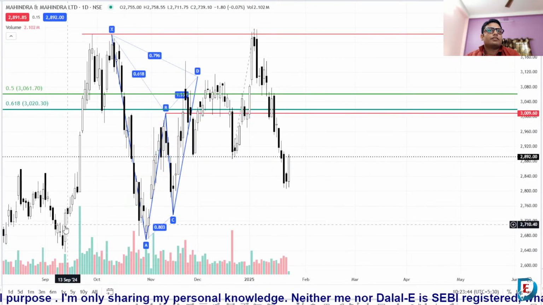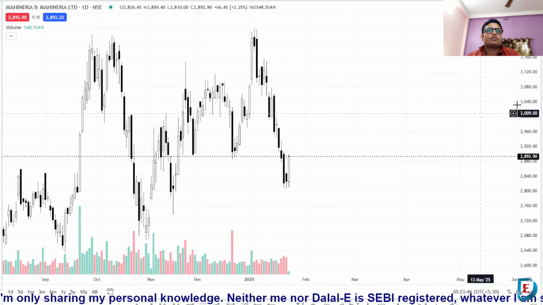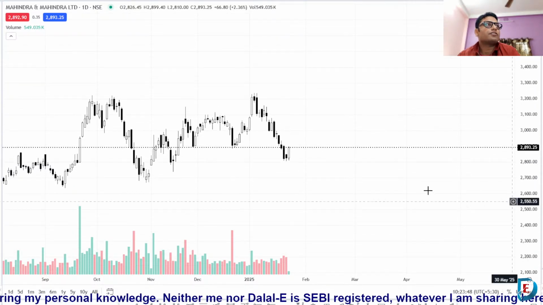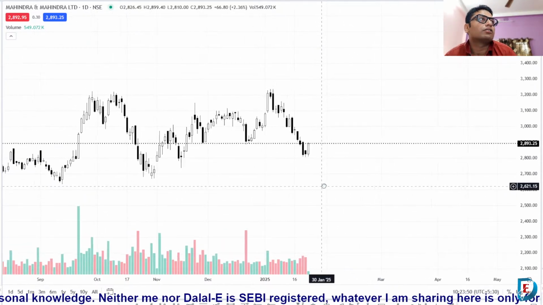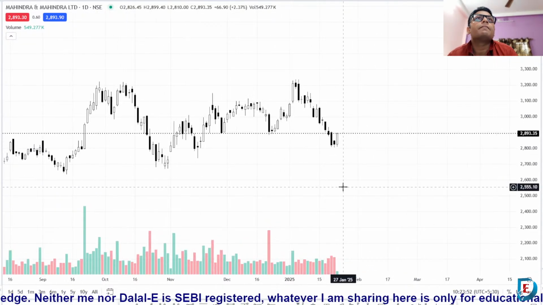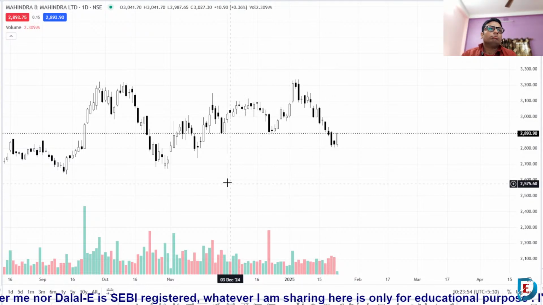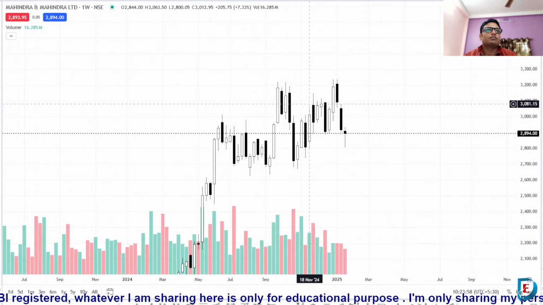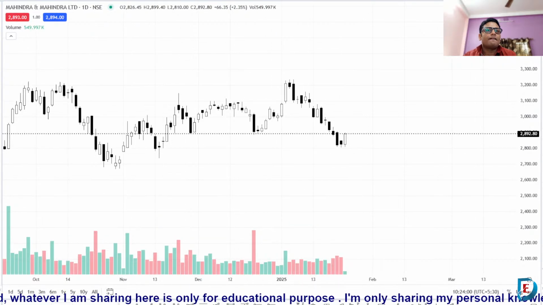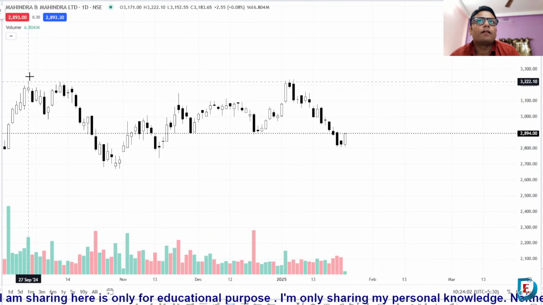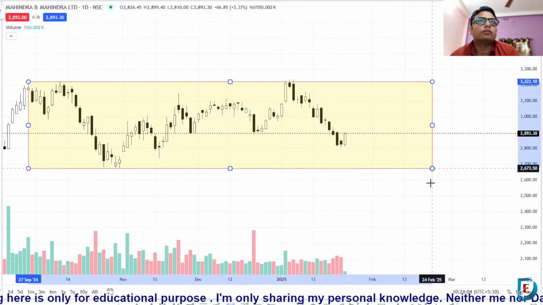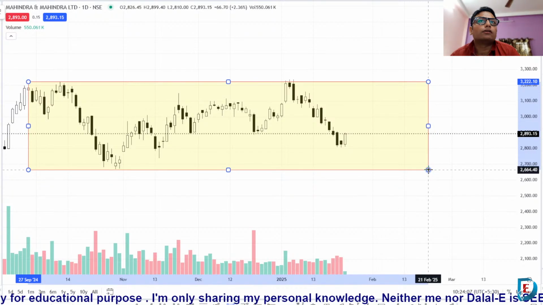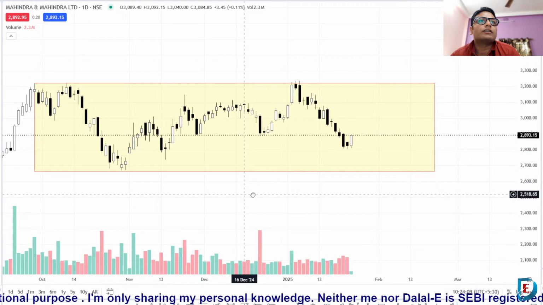Now let's check what's going on today at Mahindra and Mahindra, one of the top gainers of Nifty 50 today. But it's not looking good at all for me as well because it's trading inside a zone.